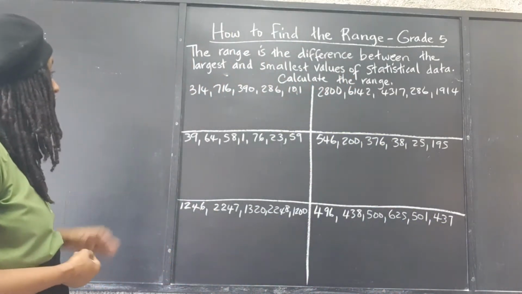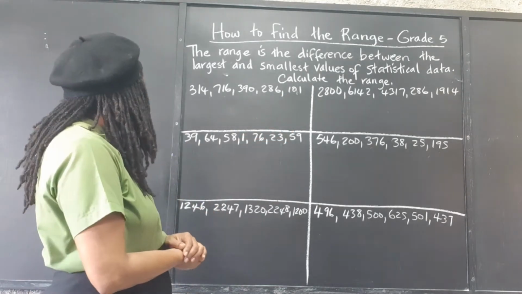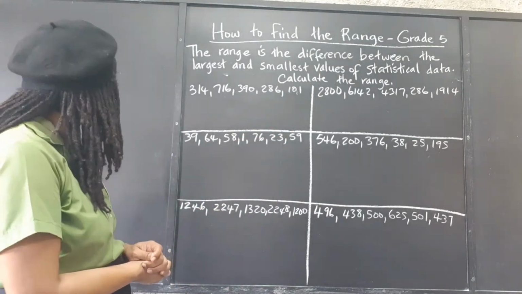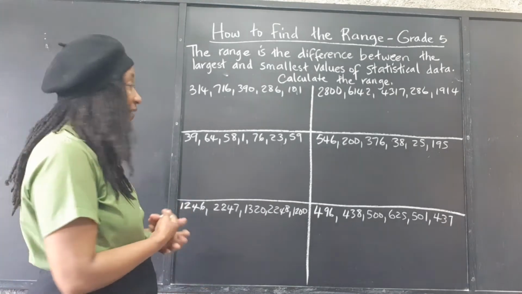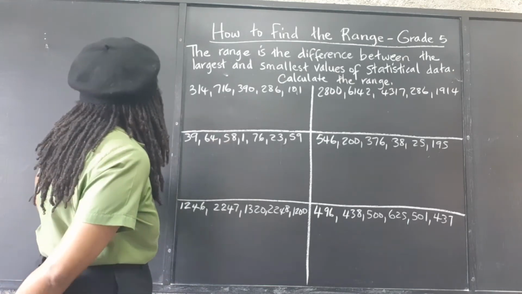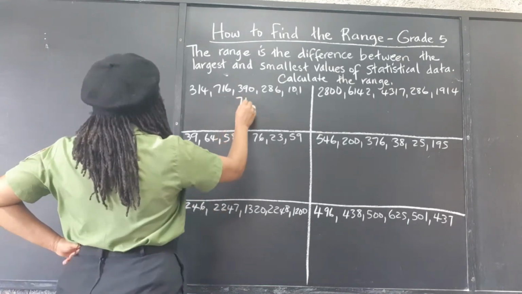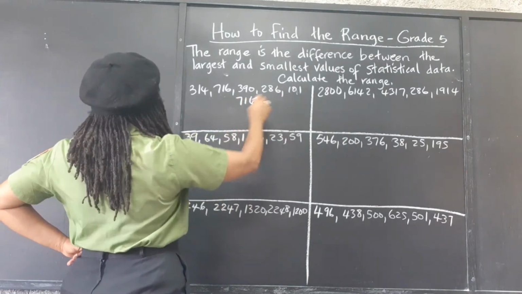So we just look at the data that we're given, we look at the numbers, and we identify what's the biggest one, what's the smallest one, and we subtract. That gives us the range. So looking at these numbers, the biggest one is 716, and the smallest is 101.